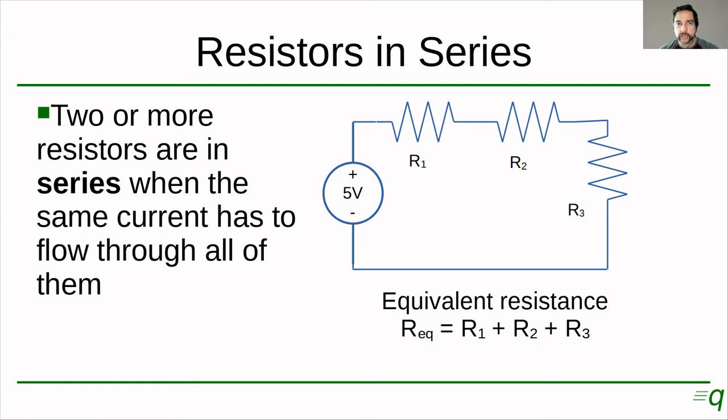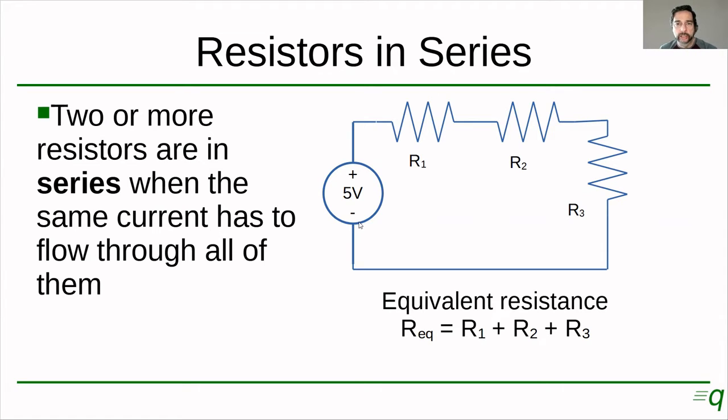We say we have two or more resistors in series when the same current has to flow through all of them. In this example, we have a 5-volt power supply, and current flows from the positive terminal, passing through R1, then R2, then R3, and then going to the negative terminal of the power supply.